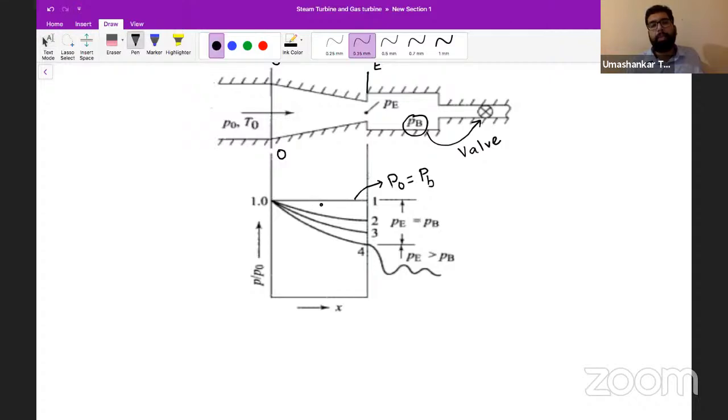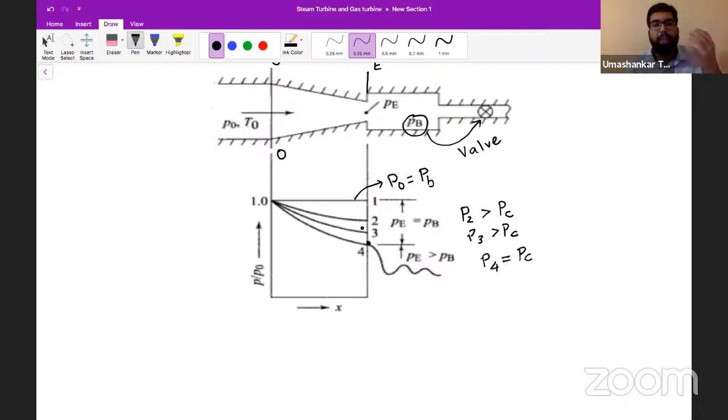What is the second line representing? In the second line, the pressure 2 is greater than PC, as we have mentioned. Pressure 3 is also greater than PC. And this pressure 4, as you can see, is equal to PC.